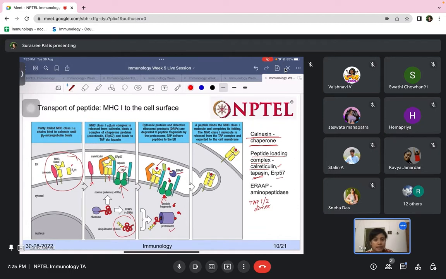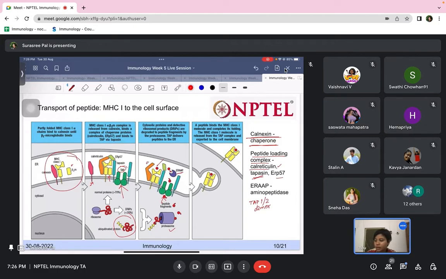If the peptide being transported into the ER lumen is longer than the MHC class 1 molecule can bind, ERAP trims the end of the protein so that it can be of suitable length to bind to the MHC class 1 molecule.